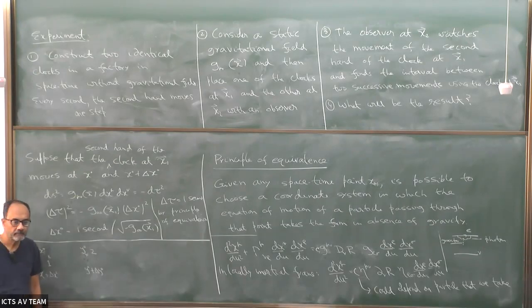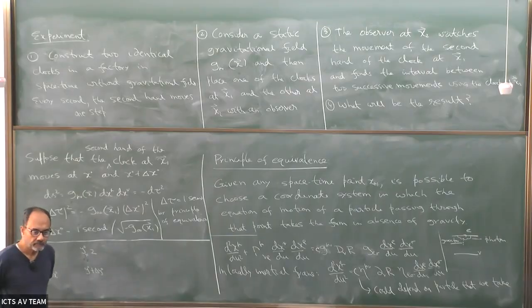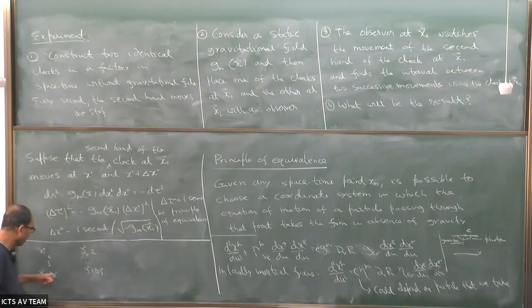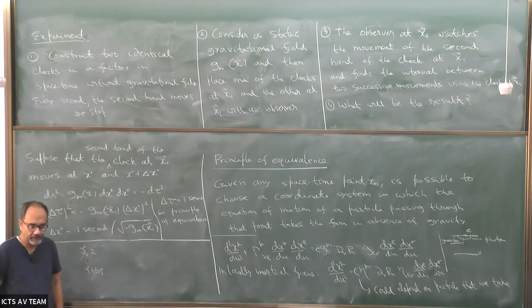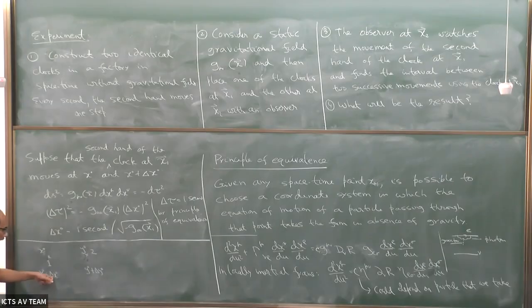Are we initially considering that in the absence of gravity these two clocks at x1 and x2 are synchronized? No, not necessarily, because you'll only relate delta x naught to delta y naught. Even in the absence of gravity, you don't need it. All that is needed is that they move at the same speed, because you'll be comparing delta x naught and delta y naught. You are not going to try to compare x naught and y naught, because that confusion is not there.